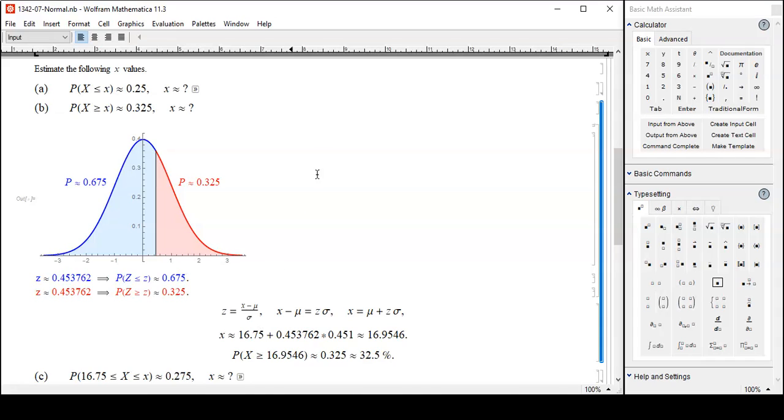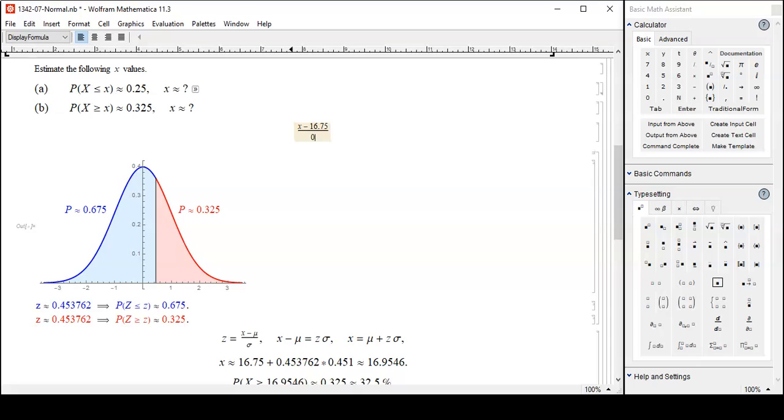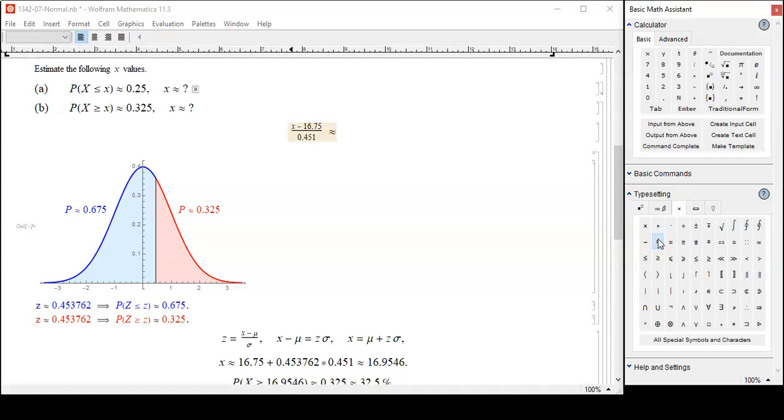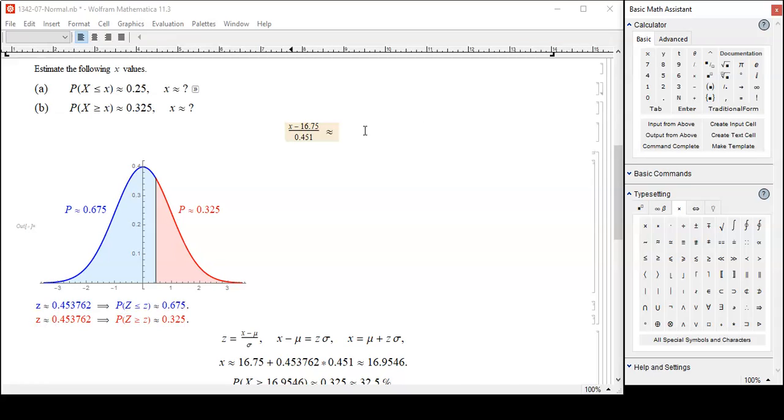And then you can set up the appropriate equation. That is x minus the center 16.75, over 0.451, is equal to, or more precisely speaking, approximately equal to the z-score you estimated, 0.454, or maybe just 0.45.